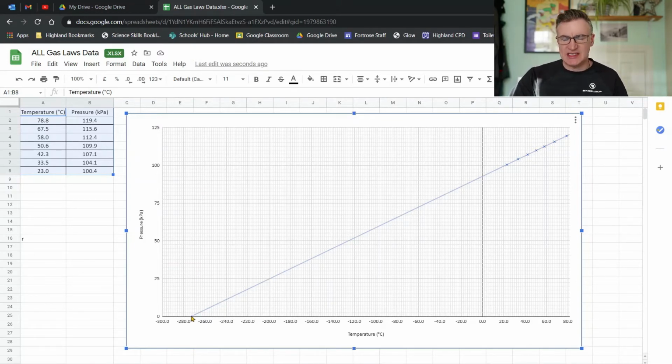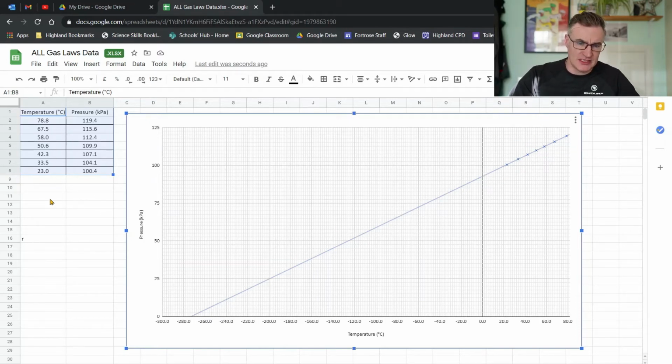So if we say Kelvin is 0 Kelvin at minus 273 degrees Celsius, if we just say that that is 0, then we can redraw our graph, and I'll go through this in a second, and then we have a directly proportional relationship. If we use it as 0 to 0 for Celsius, then the relationship, remember at the start, is not directly proportional.